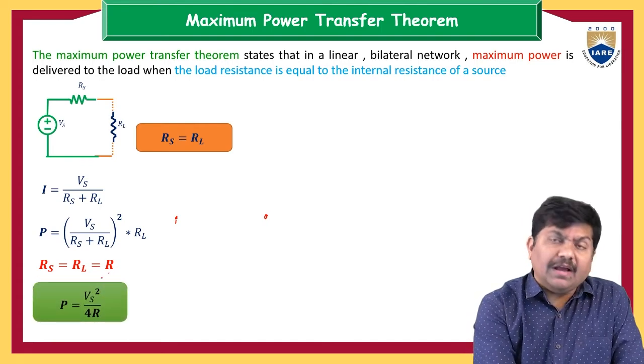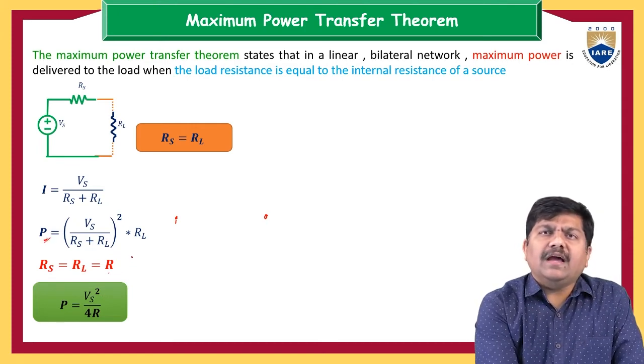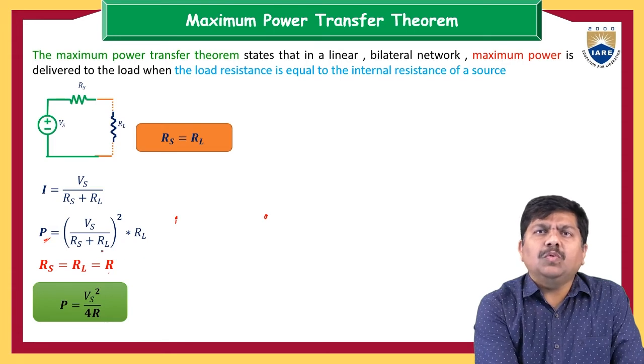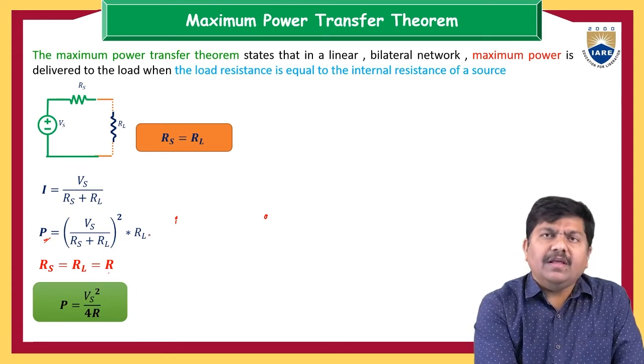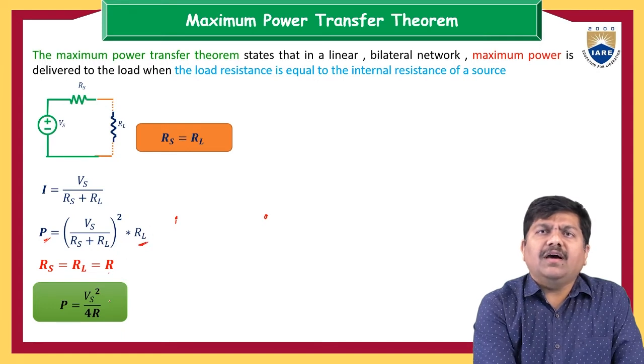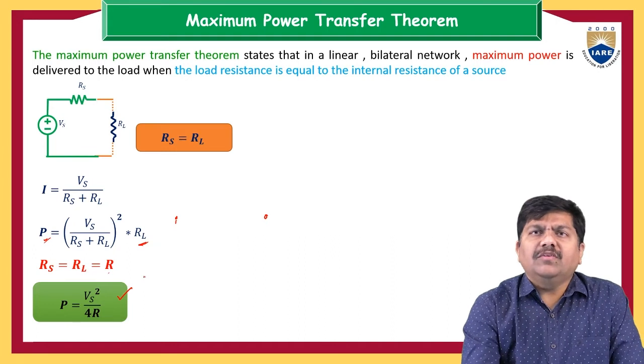And finally what happens? If you are substituting all these values in this expression, that power is nothing but Vs square divided by, Rs and RL both are the same, so (2R) whole square, so this becomes 4R square. In the numerator RL is there, one R gets cancelled. So the total power is P is equal to Vs square by 4R.